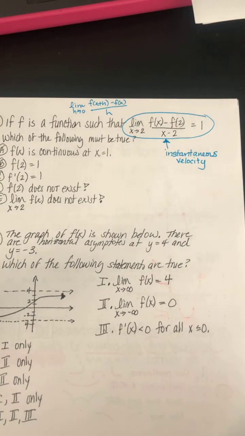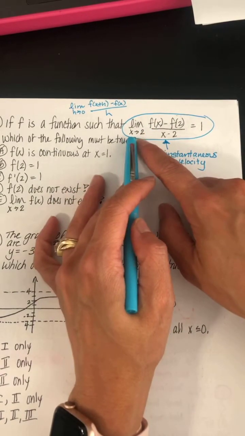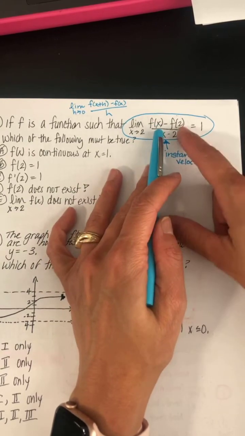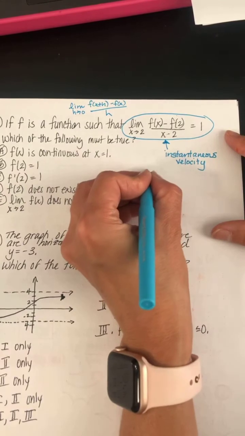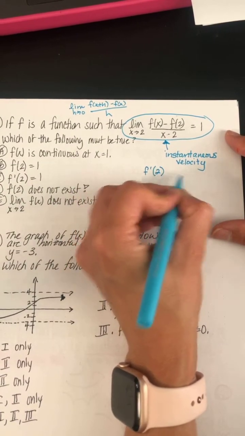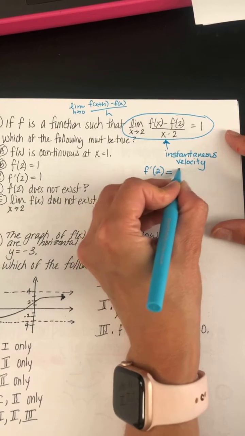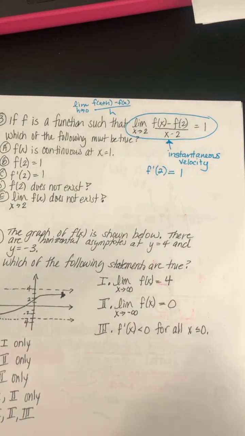So you have to understand what that is telling you. It's saying the limit as x approaches 2 of f of x minus f of 2 over x minus 2 equals 1. So it's telling us that the derivative when x is 2 is going to equal 1, a slope of 1.